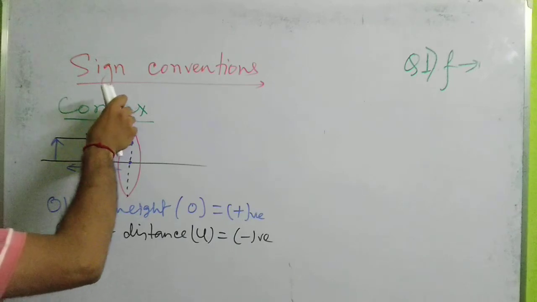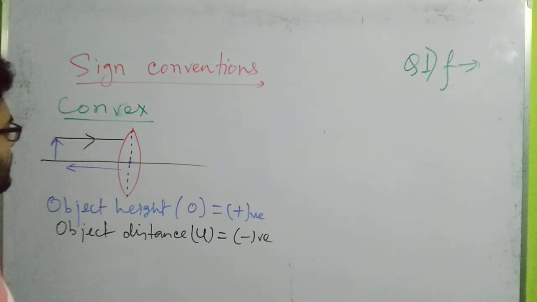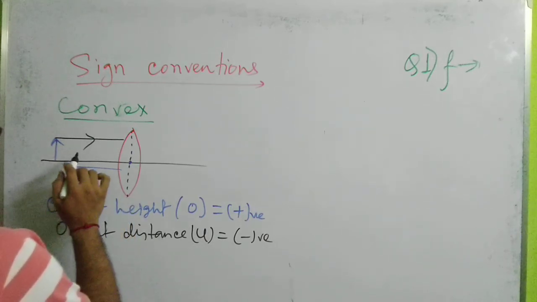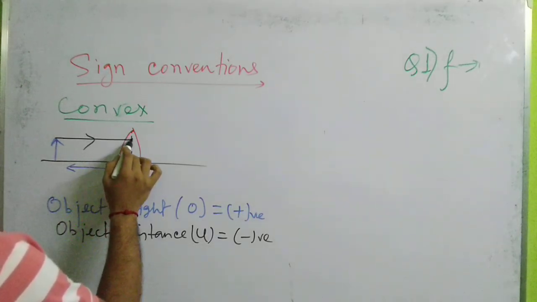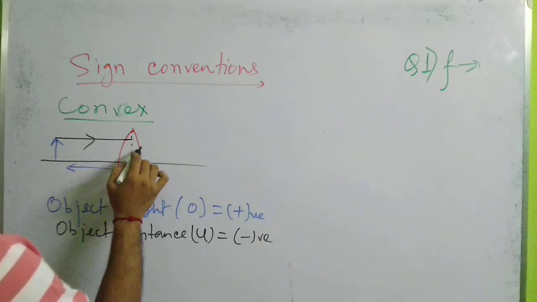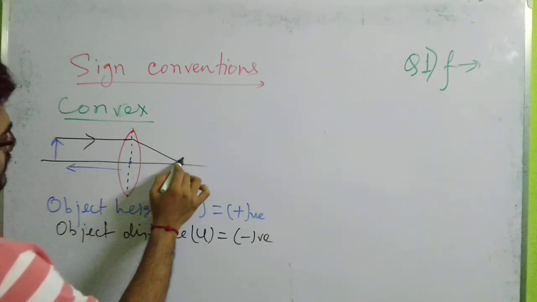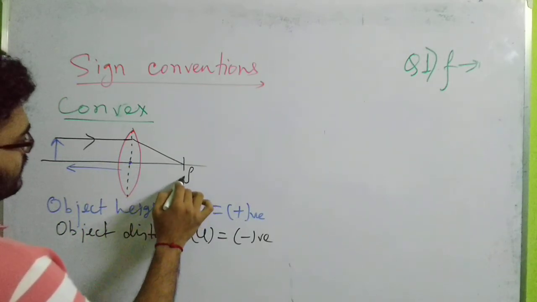Then if you consider the focal length, as you know, for a convex lens, if light travels parallel to the principal axis, they will definitely meet at this point. So here somewhere lies the focus.